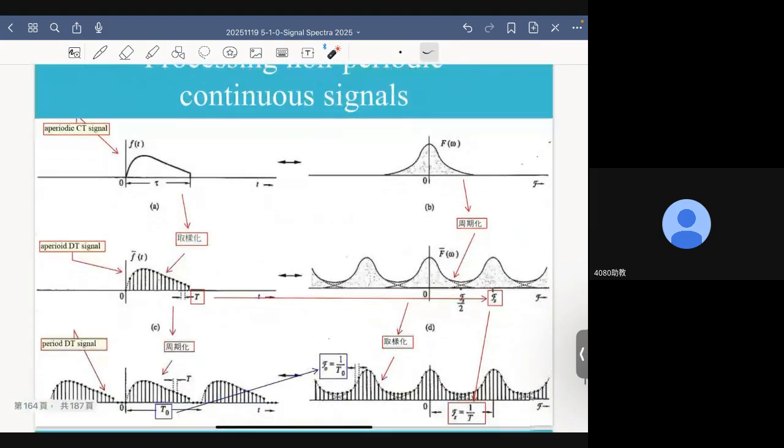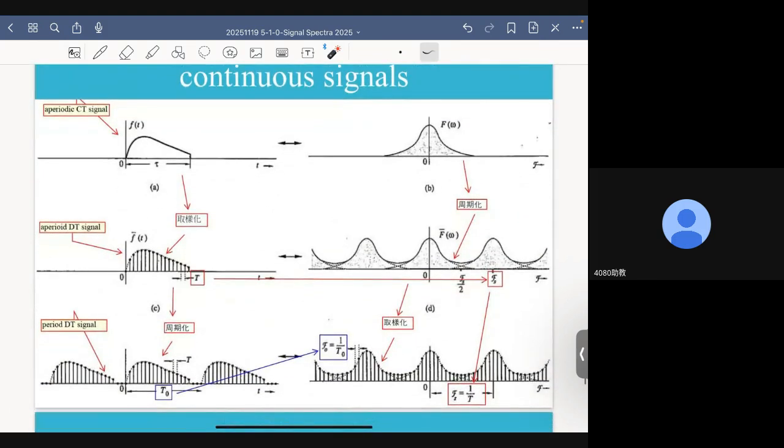Let me summarize what we learned here. Let's say what happens in reality is that I have a signal here. I want to know its frequency spectrum. But my computer cannot process the signal in its original format because it has infinite numbers of points.